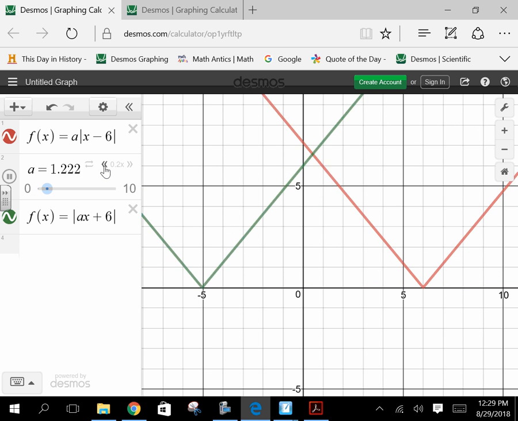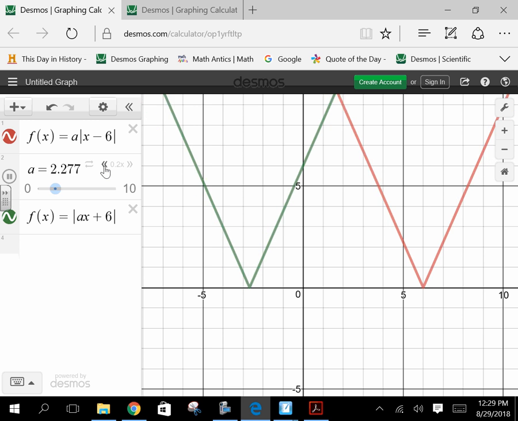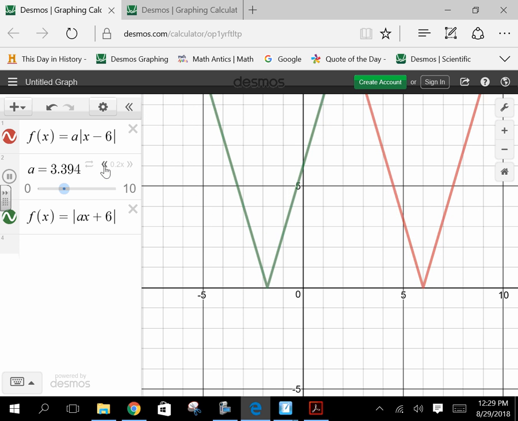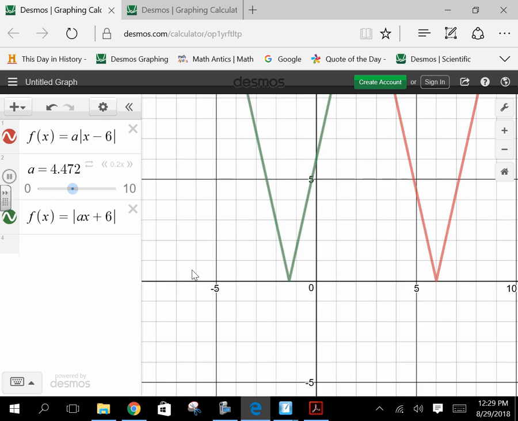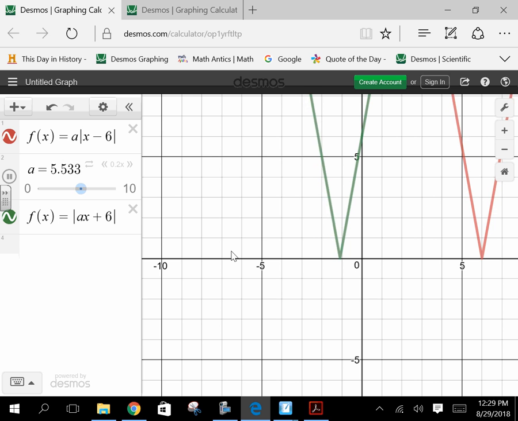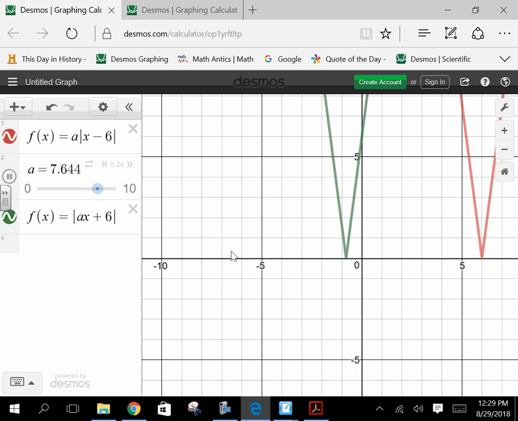The red one, we're dealing with vertical shrinks and stretches. So watch this. Look at the green. When a gets bigger, we're talking about a horizontal shrink. We're shrinking. But notice when a gets smaller, and especially a fraction, notice when a gets less than 1 and bigger than 0. This is going to be a horizontal stretch.